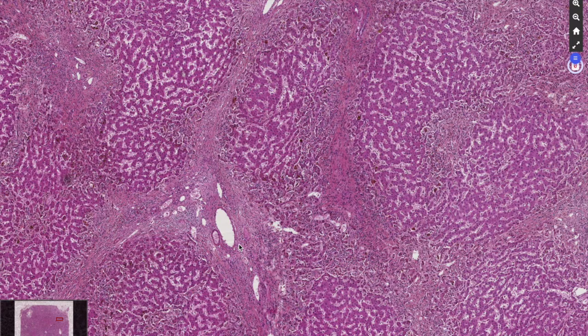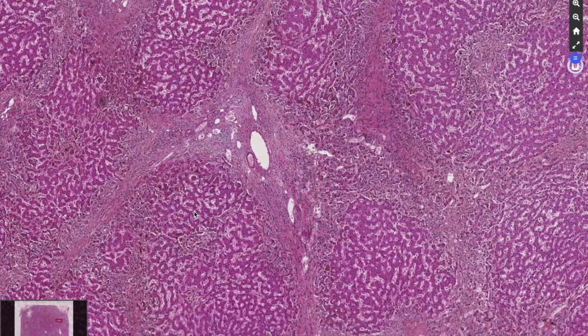So I know it's difficult sometimes in cirrhosis to assess the existence of bile ducts, but you must see sometimes when you are looking at a cirrhotic liver, you must identify some bile ducts in the fibrotic bands. And here there is a complete vanishing of bile ducts.